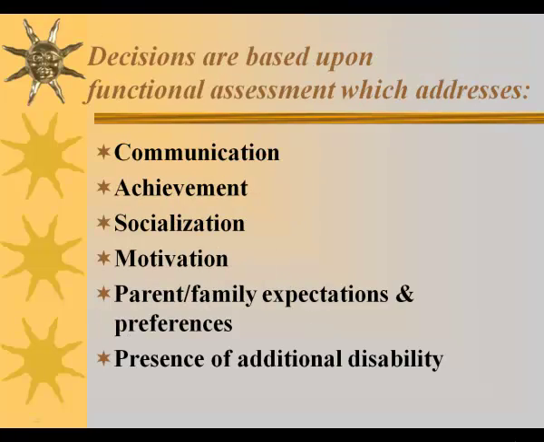These decisions are based upon the functional assessment, which addresses communication, achievement, socialization, motivation, parent and family expectations and preferences. Finally, we should look at the presence of any additional disabilities and plan for those.